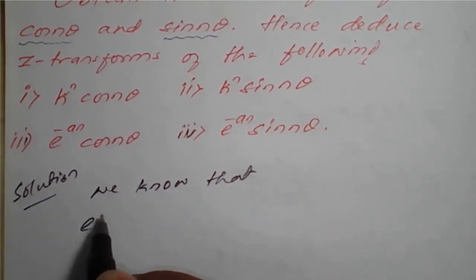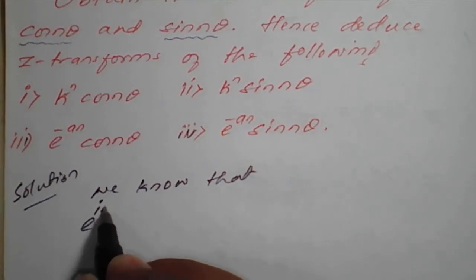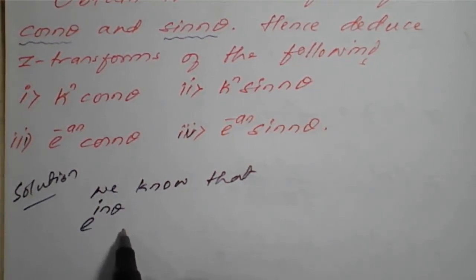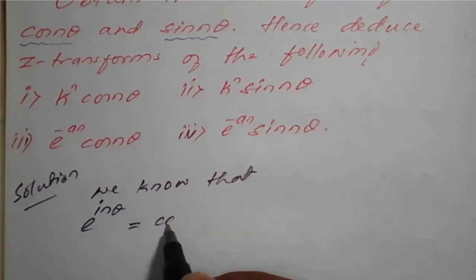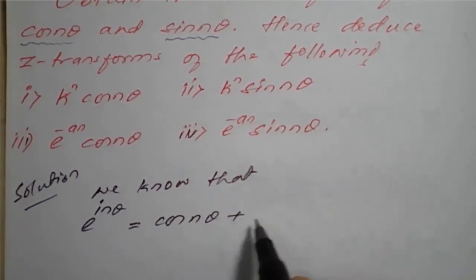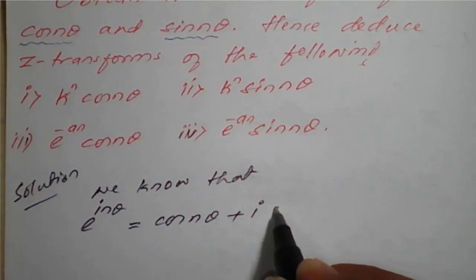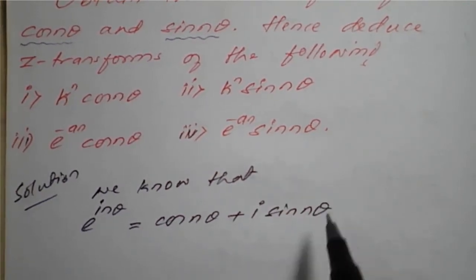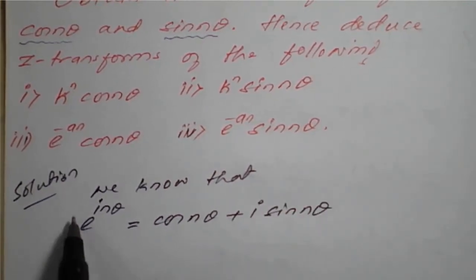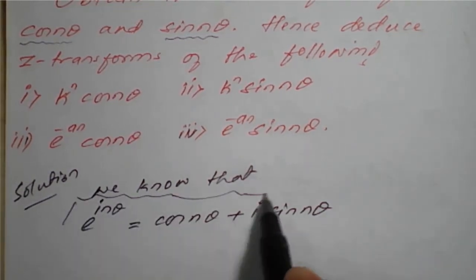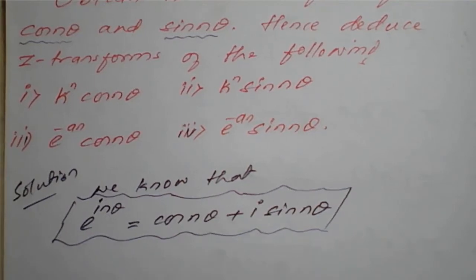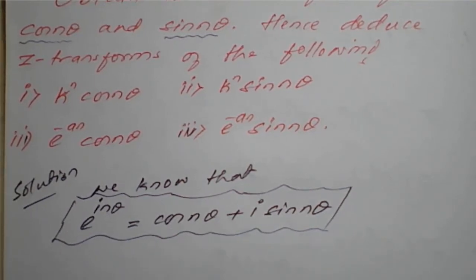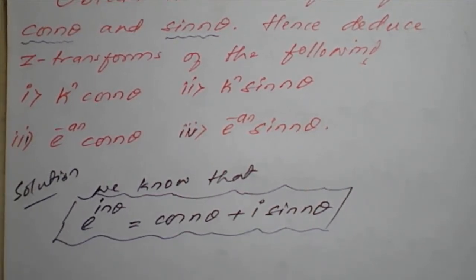e raised to i n theta, according to complex numbers, is nothing but cos n theta plus i sin n theta.